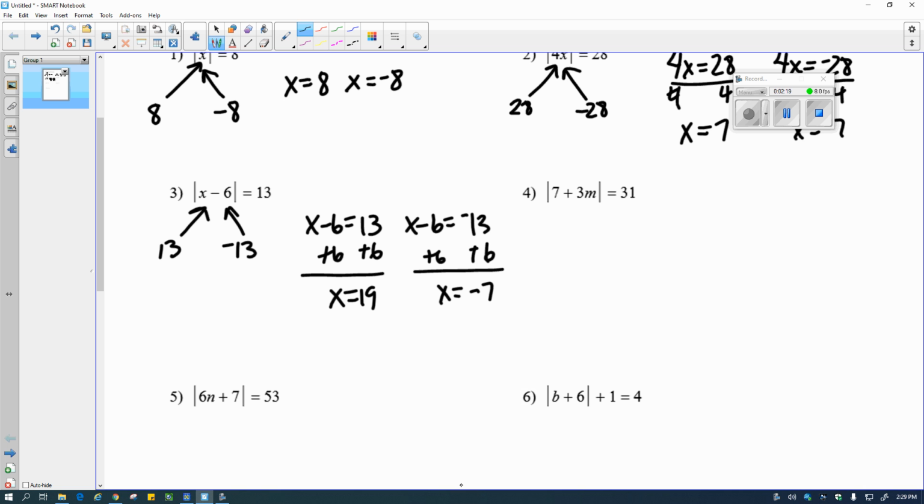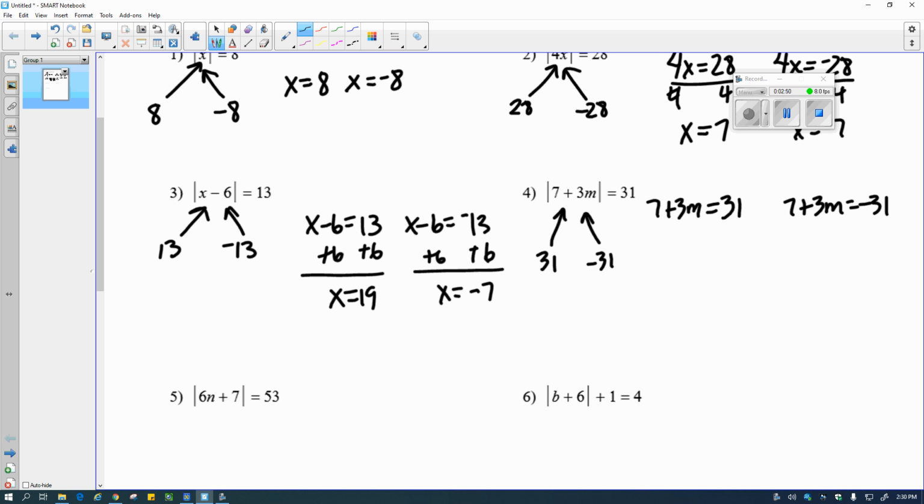Okay? So when you set up your two equations for each possible value that you have, you're going to follow regular equation solving rules. It's just that the absolute value sort of doubles our possible answers. So again, here I have 31 and negative 31, so I have two equations. 7 plus 3m, what's inside of there could be positive 31, and 7 plus 3m could be negative 31.